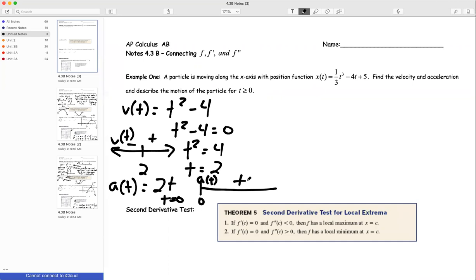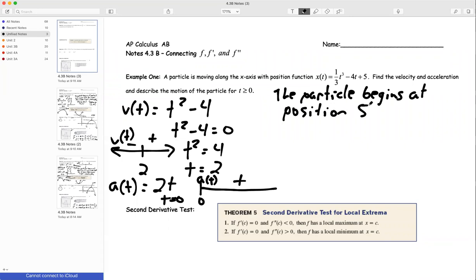And so the reason that I did the sign chart for the velocity and the acceleration is so I can describe the motion of the particle. So I'm going to say the particle begins at position 5.